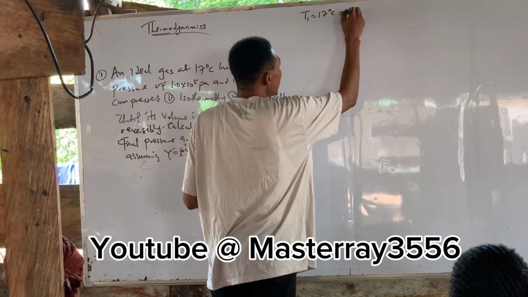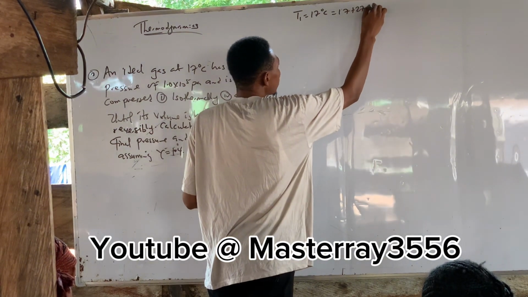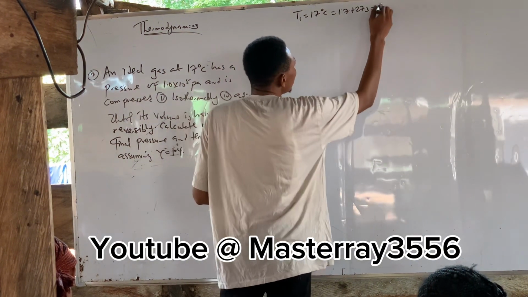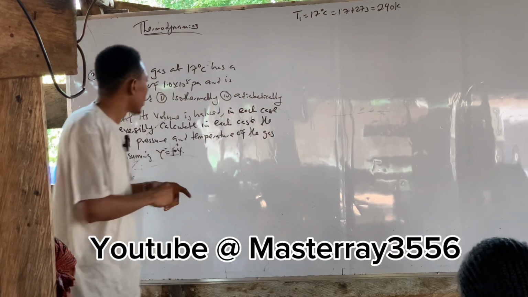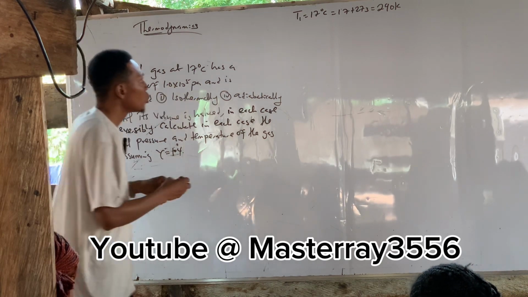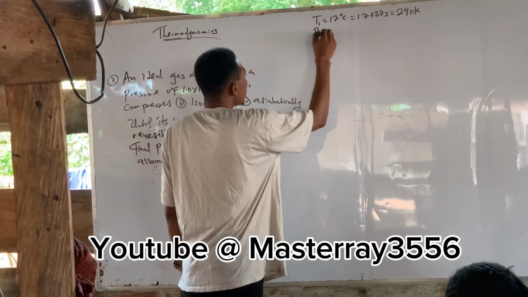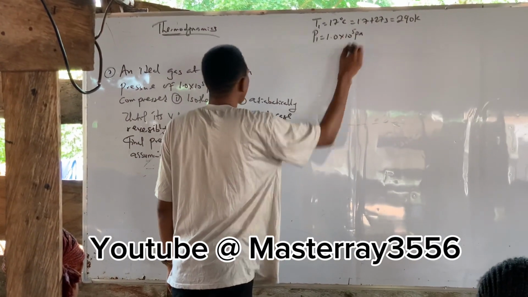That is 17 plus 273. So what do we have? 290 Kelvin. And we are given our P1 to be 1.0 times 10 raised to the power 5 Pascal.